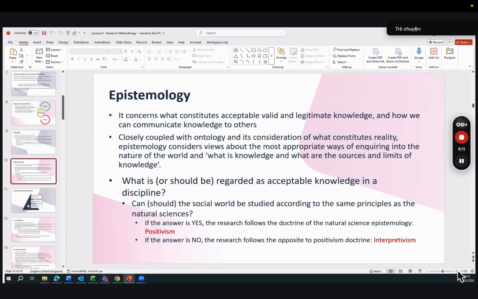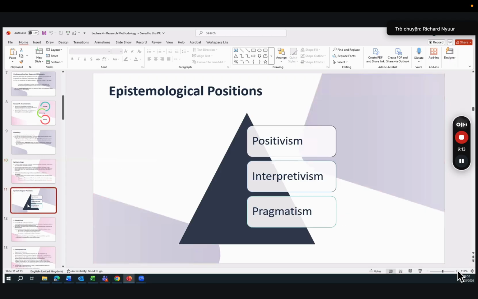So for the epistemological leanings or positions, we have the two extremes. Positivism is more quantitative, more about natural sciences, more about validating knowledge or facts, establishing, testing, maybe testing hypotheses and all that.